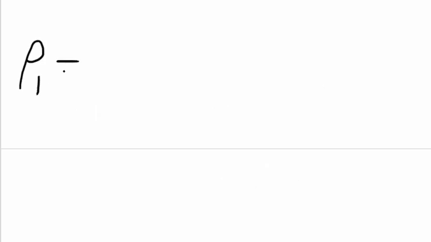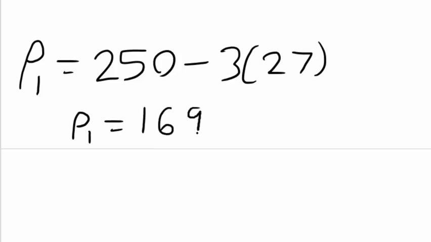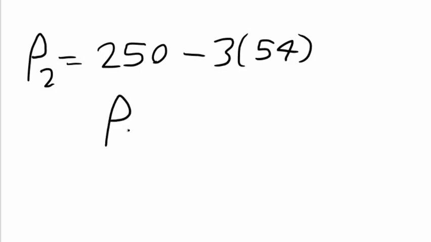So, starting with P1, we would take our original price function of 250 minus 3 times quantity 1, which we know now is 27, and plug that into a calculator to get a price 1 of 169. And we would do the same thing for price 2, which had a similar price function of 250 minus 3 times quantity 2, which we know now is 54, and we get a price 2 of 88.